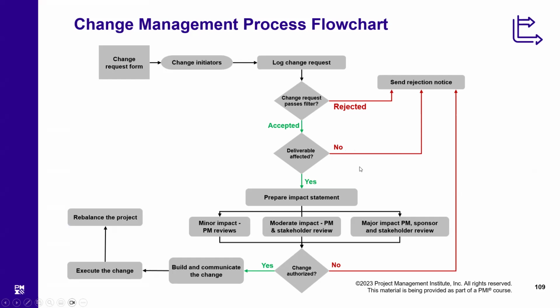If anything is not affecting the project objectives or the deliverable, that is not to be considered a change request, because that is not the level for the project board to decide. Such change requests are to be handled internally by the project manager. We don't need to take them to the project board.